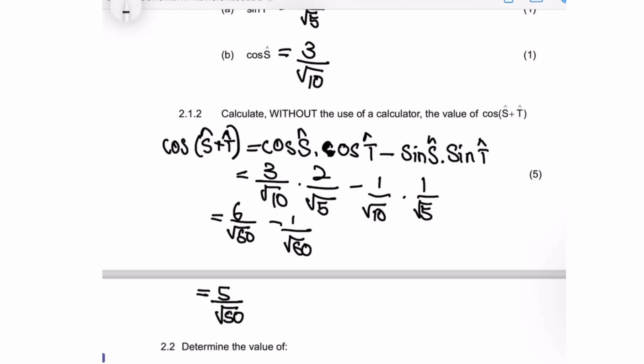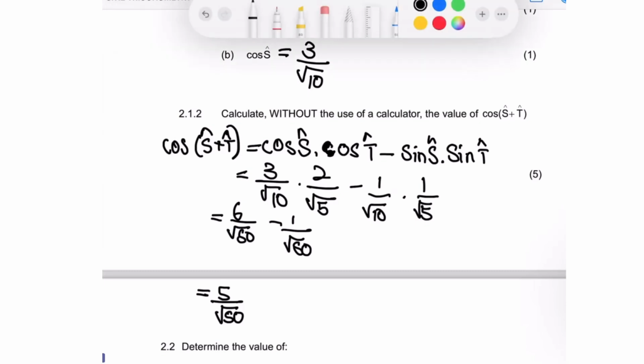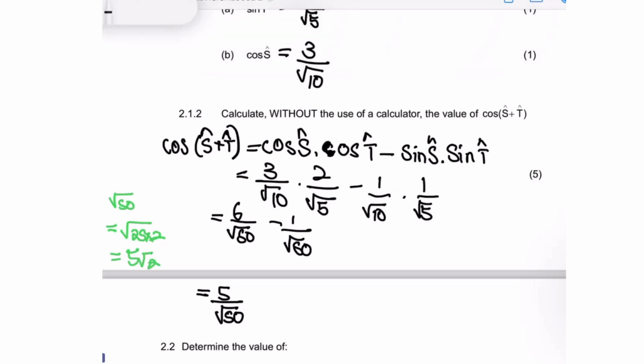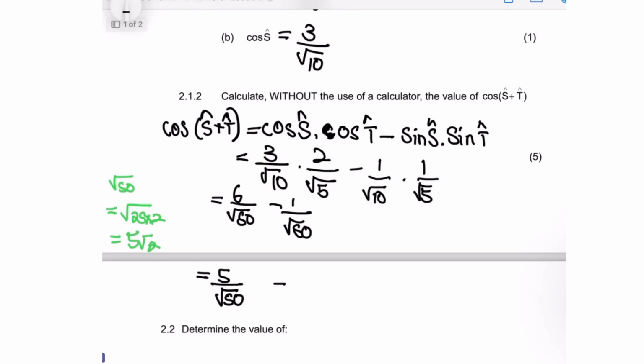However, we can simplify square root of 50. It's actually square root of 25 times 2, which is 5 square root of 2.